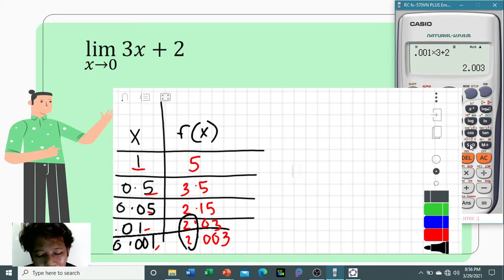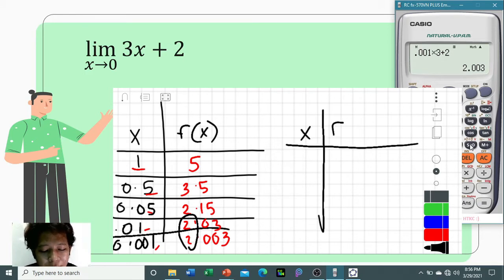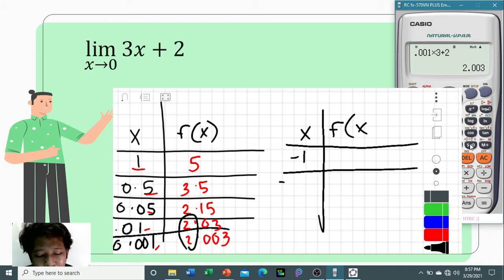So we have also the values of x, and then we have the value of f of x. Now, what is the value that is close to 0 from the left? The smallest one, so that would be negative 1. Then we get closer and closer to 0, so that would be negative 0.5.